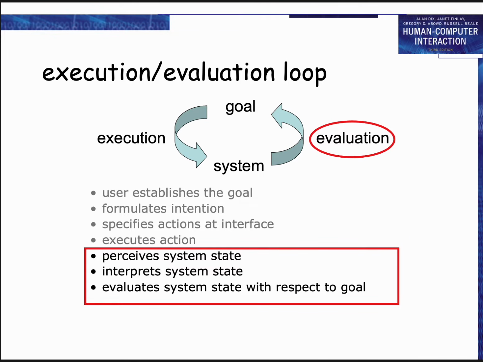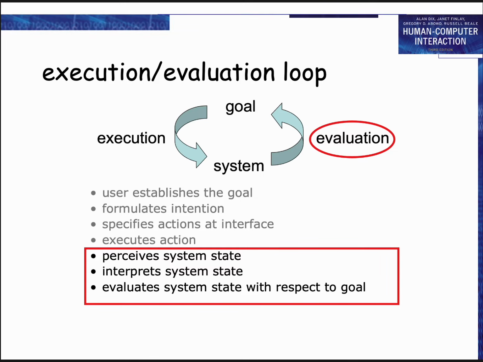And of course, you will do the interpretation. So if the room has more light, that's your interpretation. And then for the evaluation, whether the goal was achieved, if you have successfully turned on the light. So that's an example of execution and then evaluation.